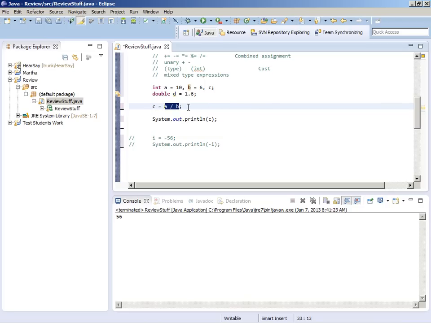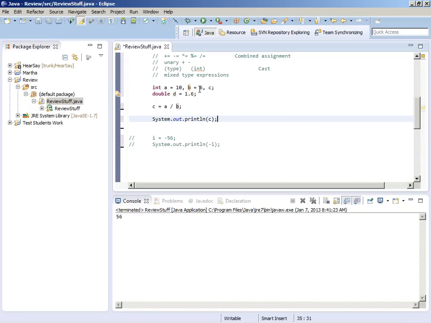Let me be more correct. Both operands of that operator must be of the same data type. In this case it's easy because everything here is an int. So we have an int division, then we have an int assignment.